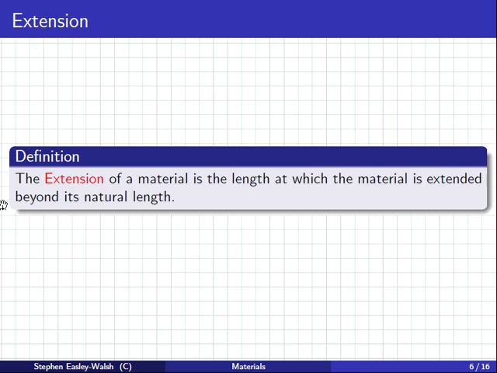Kind of, yeah. Basically it's the extra length beyond the natural length. It's the length at which the material is extended beyond its natural length. That is, it's the x in the formula of Hooke's law.